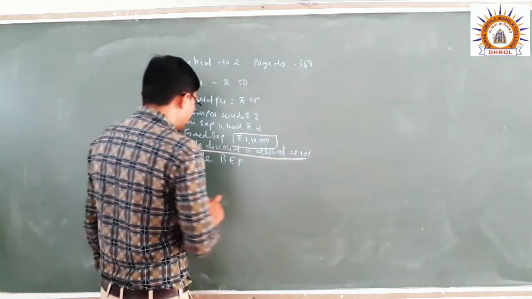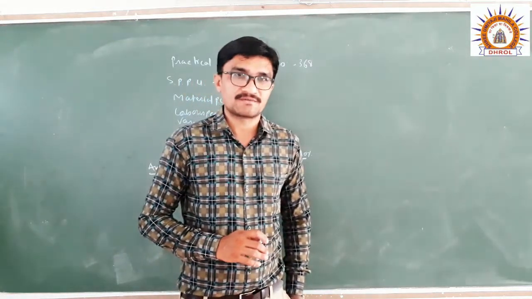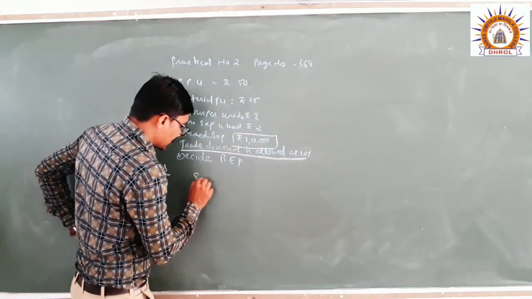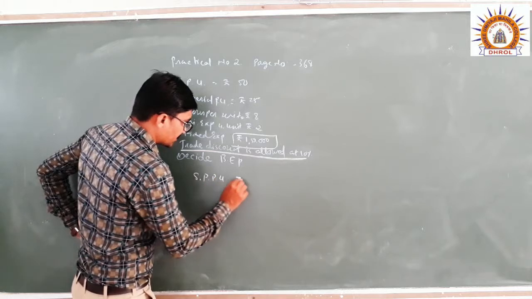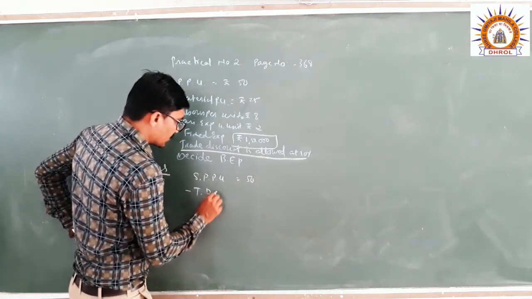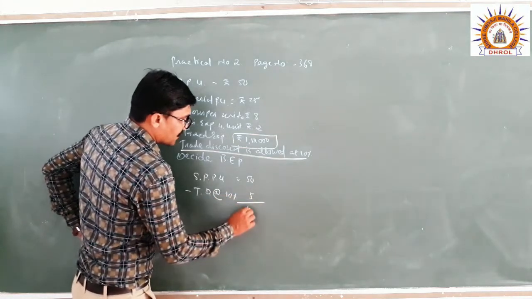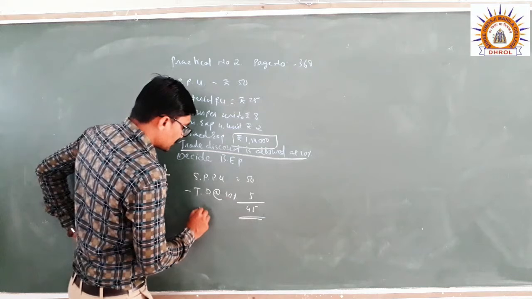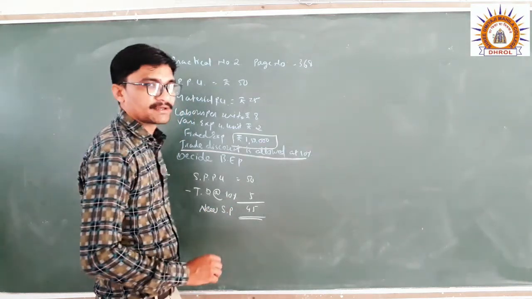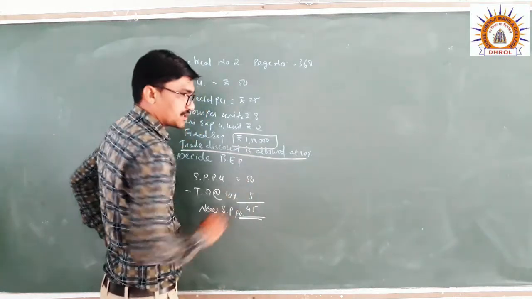So first of all, find out the new selling price after deducting trade discount. Selling price per unit is rupees 50, then trade discount at the rate of 10% is 5, so 45 rupees is your new SP, meaning the selling price per unit.